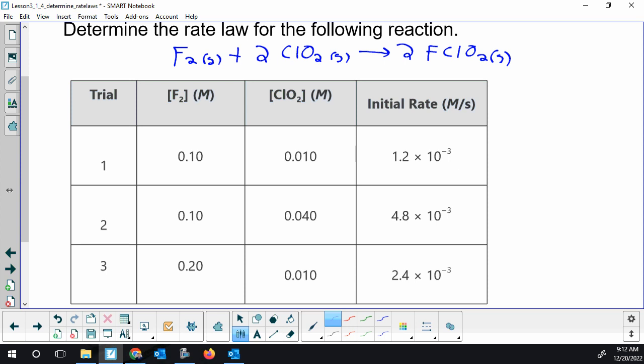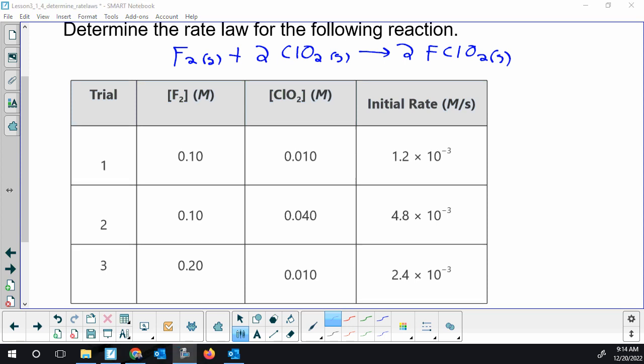In the first one, the concentration of fluorine is 0.1 molar. The chlorine dioxide is 0.01, and we have a rate. That's going to set our initial perspective. In the second experiment, a controlled variable is fluorine, but the ClO2 looks like it's 4 times bigger, and then we're going to have to look at what happened to the rate. In experiment 3, the second reactant is now a controlled variable, and the first reactant was doubled. And we're going to see what that did to the rate and determine the rate law from this information.